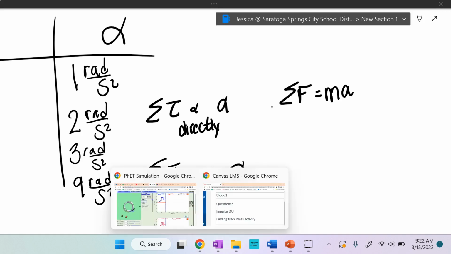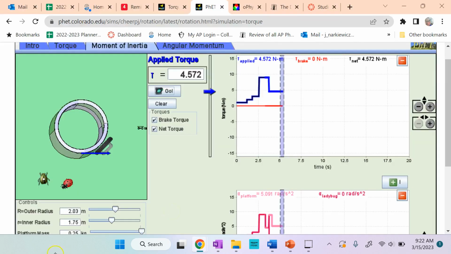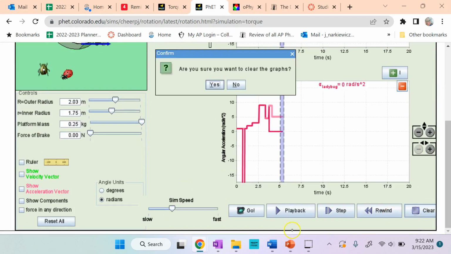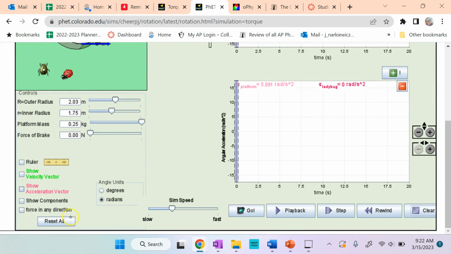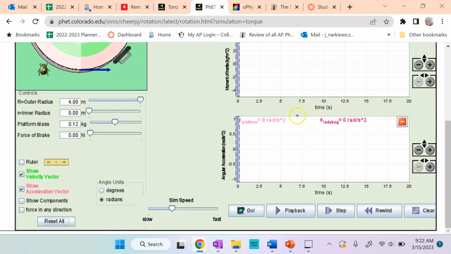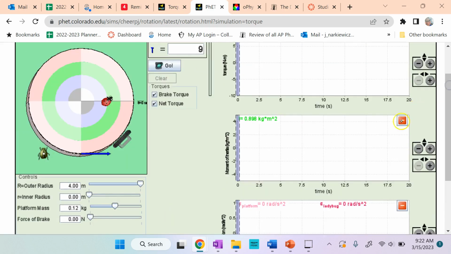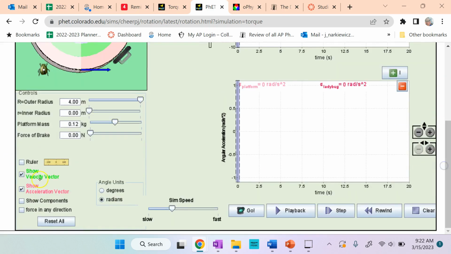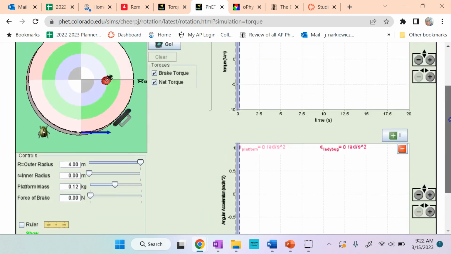Now, one thing I want to bring up is, let's go back. Let me reset everything. Clear. This time I am going to show some of these linear vectors. I'm going to show my linear velocity vector for my ladybug, and my acceleration vector for my ladybug.